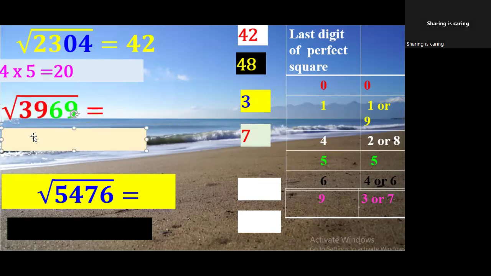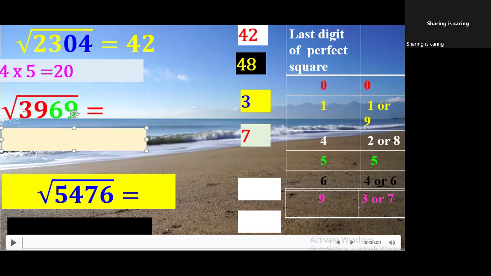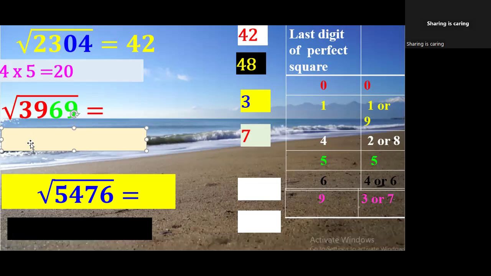Now I need to find the perfect square closest to 39 but less than 39. Therefore it should be 6. 6 times 6 is 36, but 7 times 7 is 49, which is greater than 39.